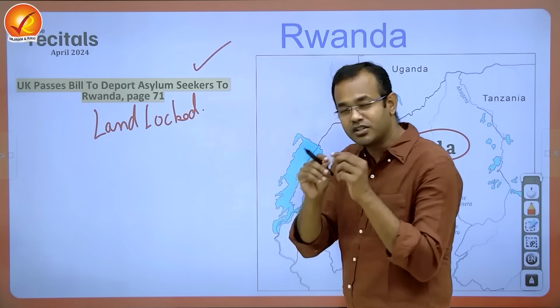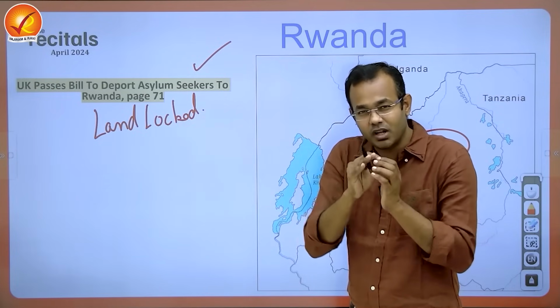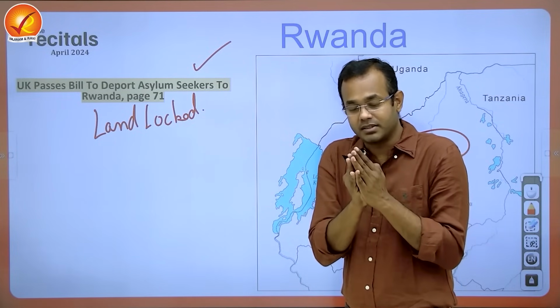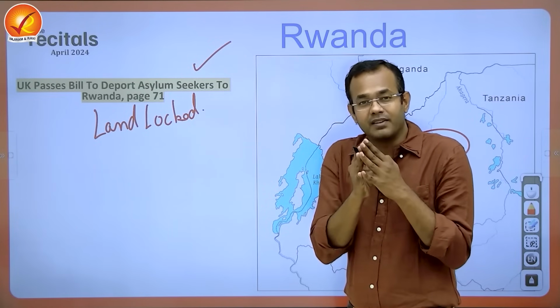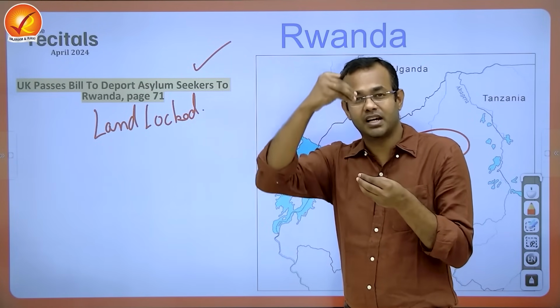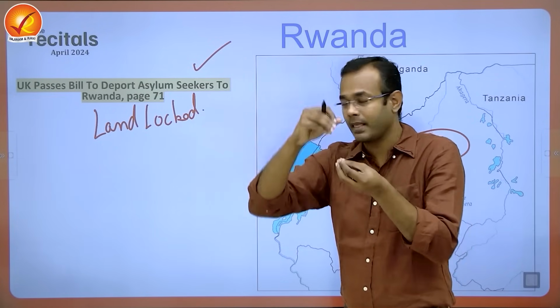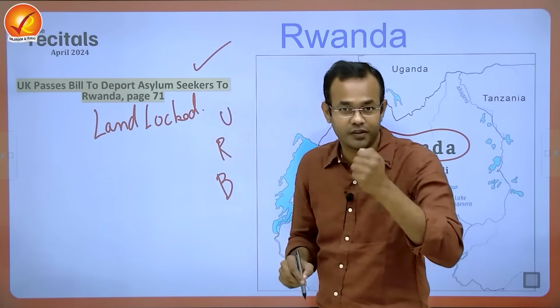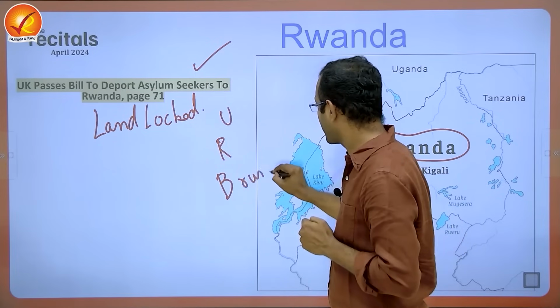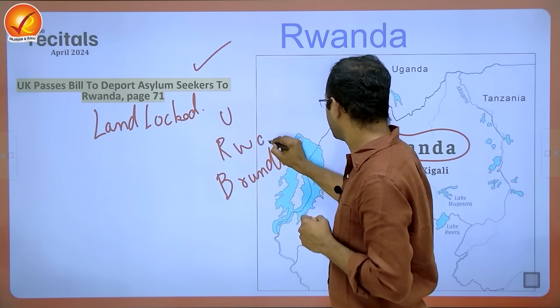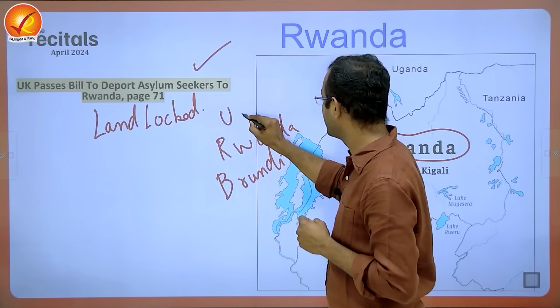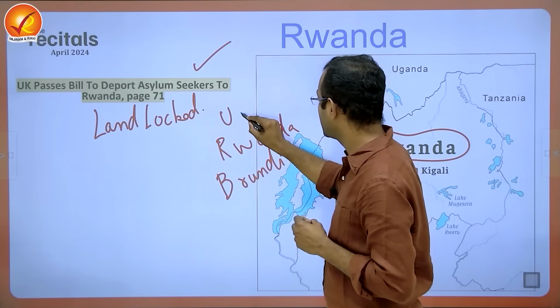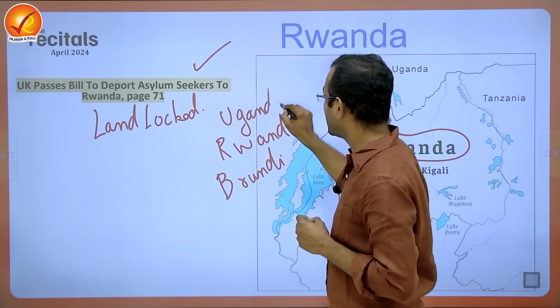If you look at this country, Rwanda, it is a very small country in the central part of Africa. Within these African regions, there are three continuous small countries, which can go by the code word BRU, like the brew coffee that you will have: Burundi, Rwanda, Uganda.